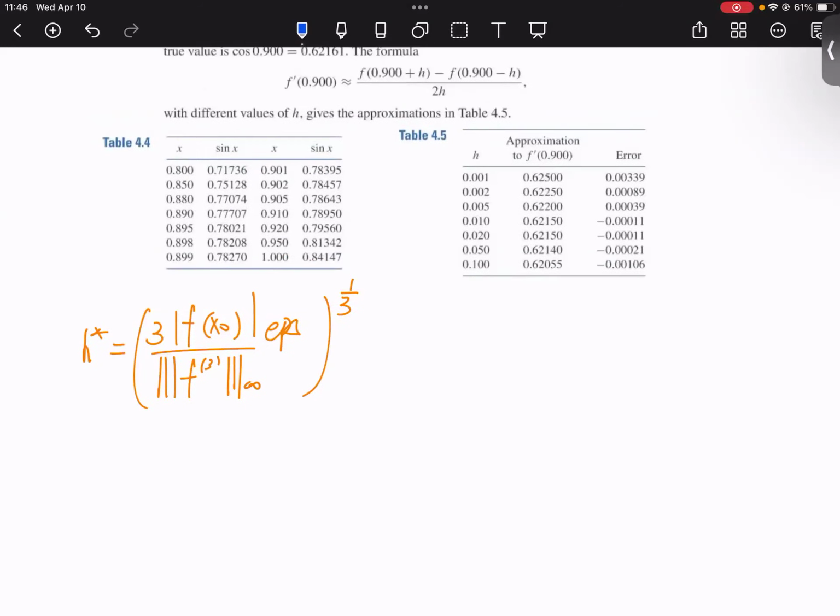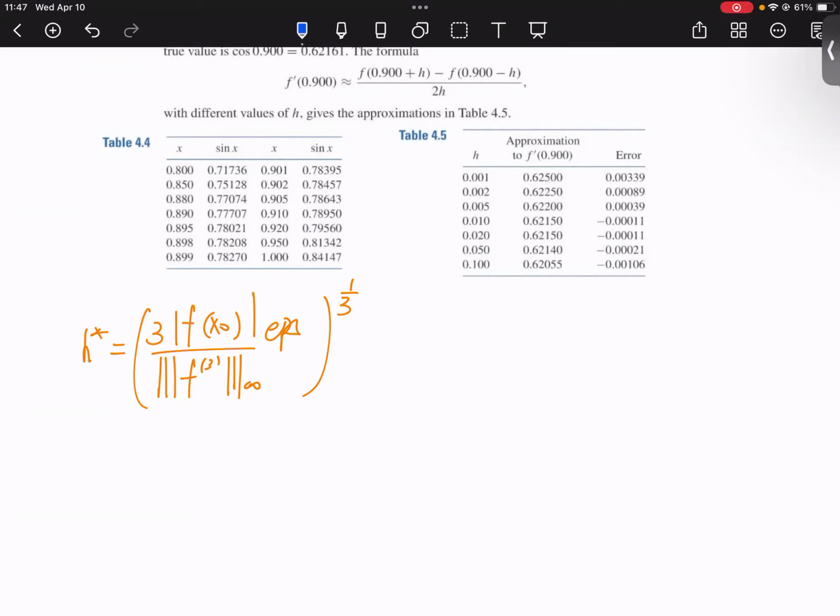If you take a look here, we are keeping only 5 digits after the decimal point, which means that the rounding error could be smaller than 5 times 10 to the -6. That is just 1/2 of the 5-digit precision here. And then epsilon should be 1/2 times 10 to the -6.